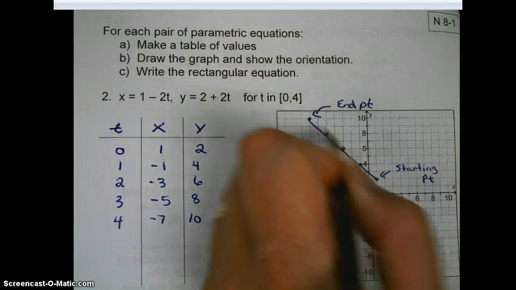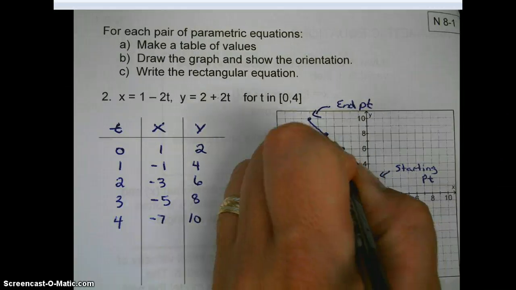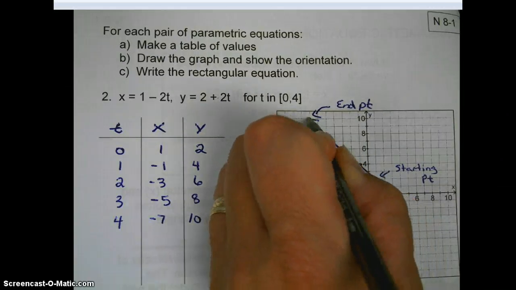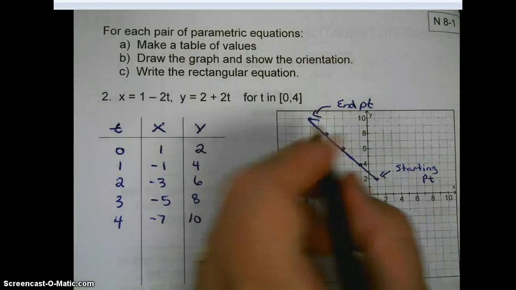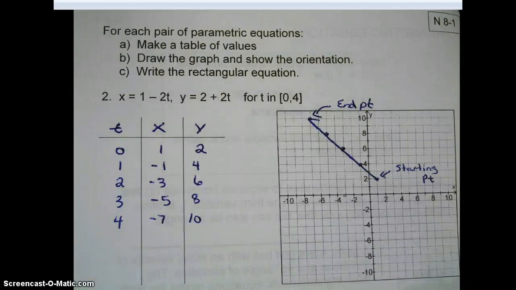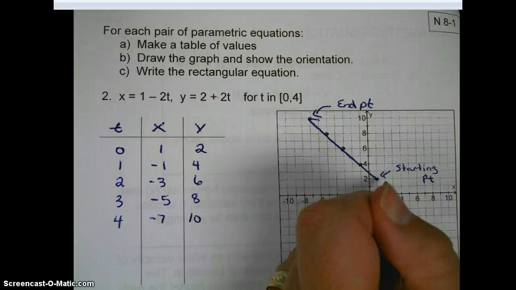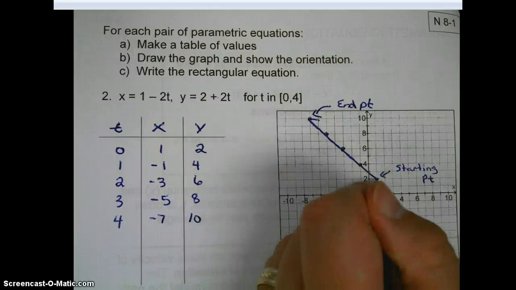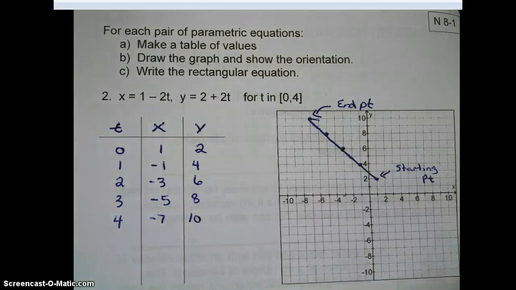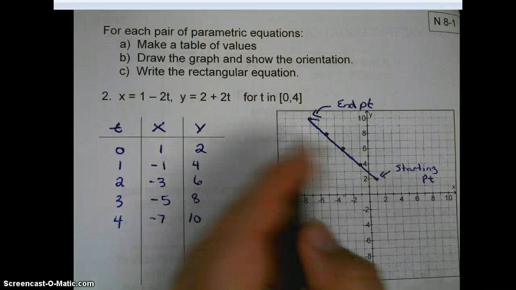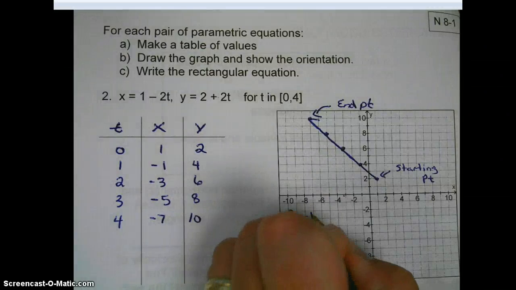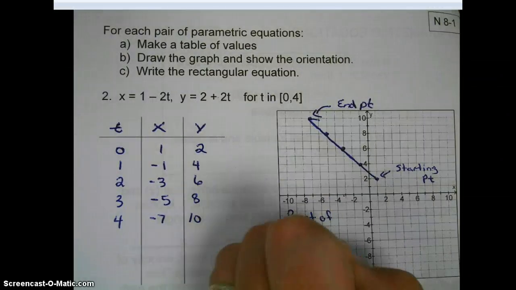So our object is moving northwest. I'm not going to put an arrow there, I almost did. Don't want to put an arrow. Arrow means it keeps going. So it's a line segment from this point to this point. And this represents a part of a line.